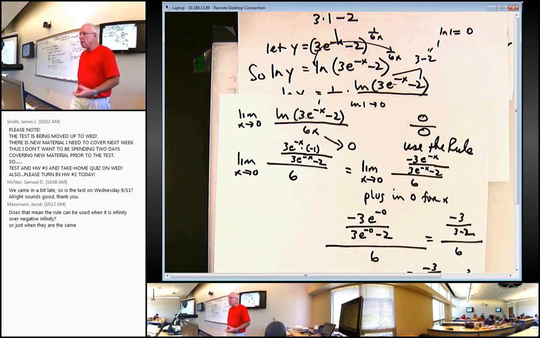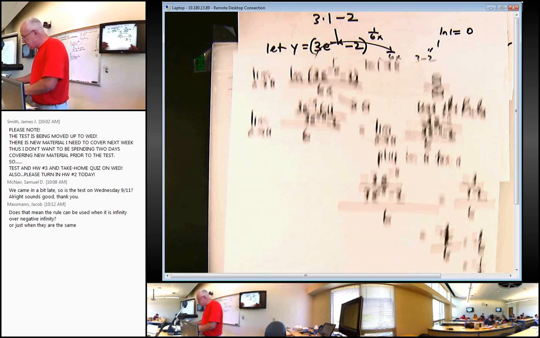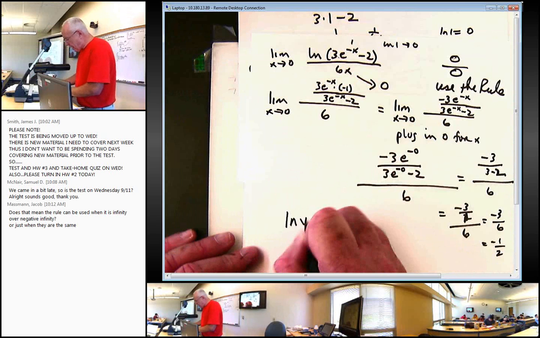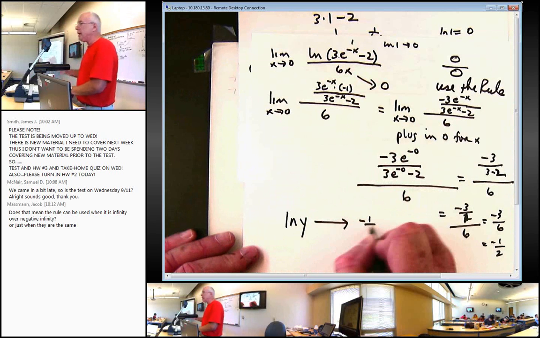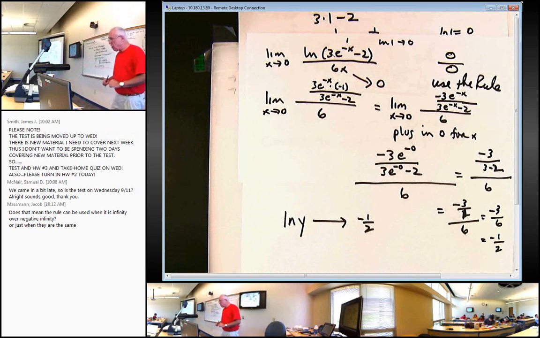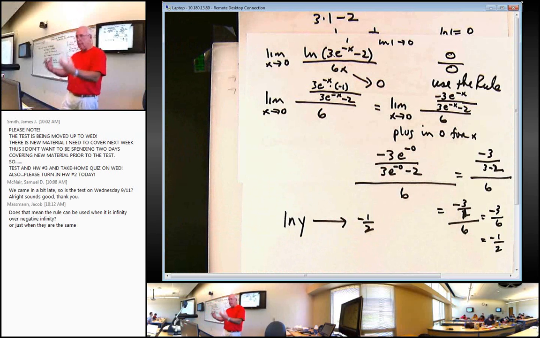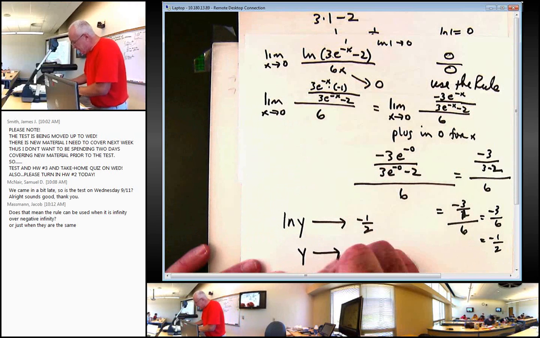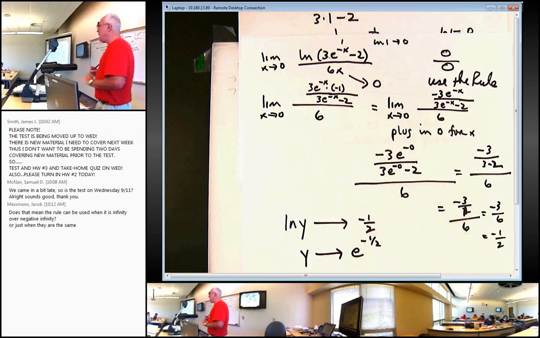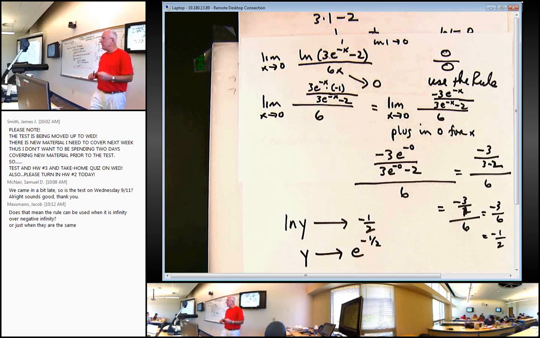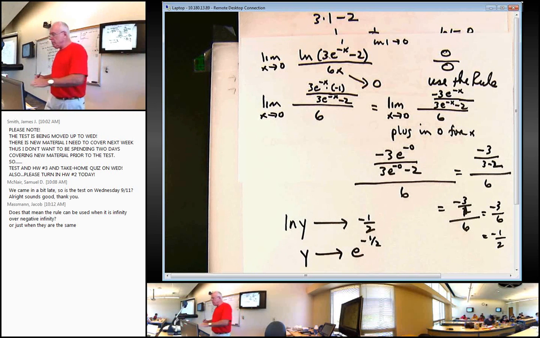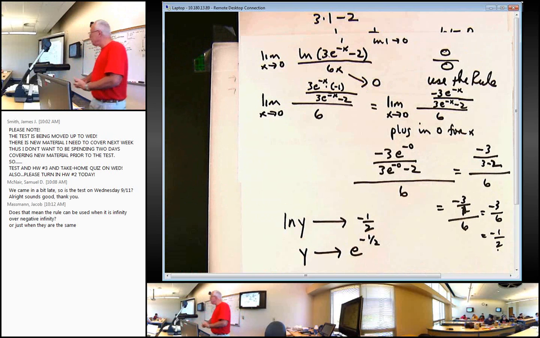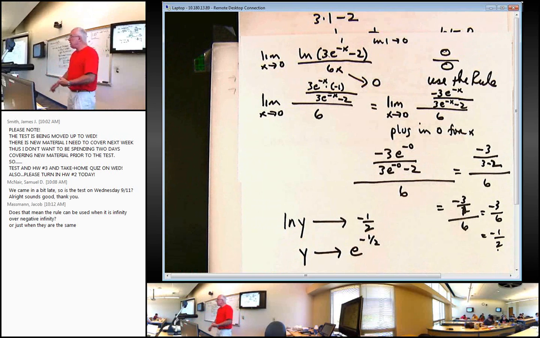So that's our limit. Now this minus 1/2, this is the natural log of y approaching minus 1/2. So we want to know what y is approaching. y will be approaching e to the minus 1/2 power, using the same argument as before. Just remember, this is the natural log limit, so to get the original expression, it's e to the minus 1/2.